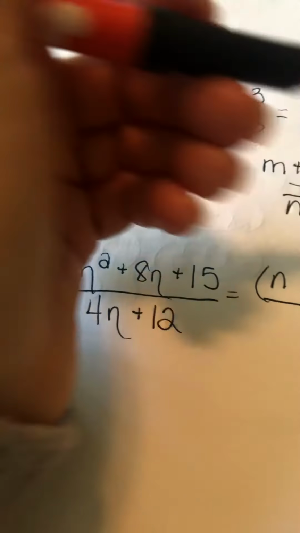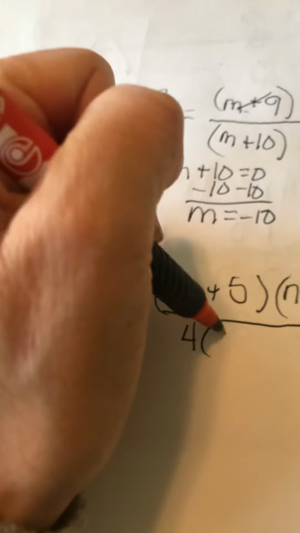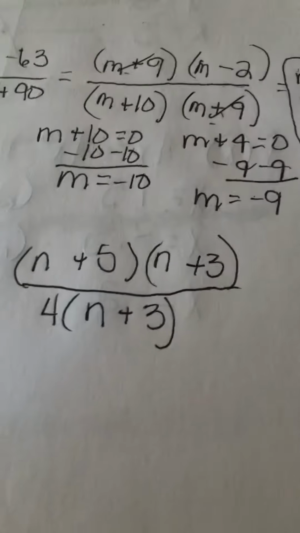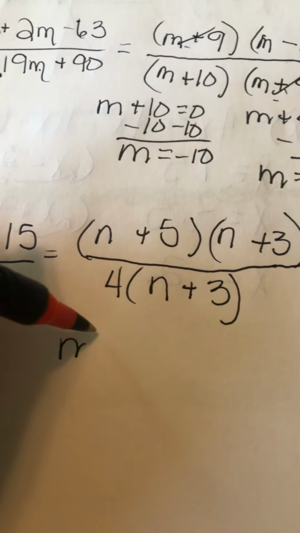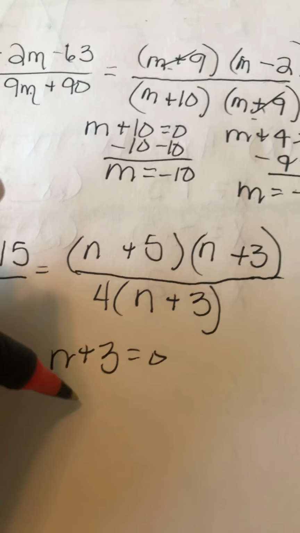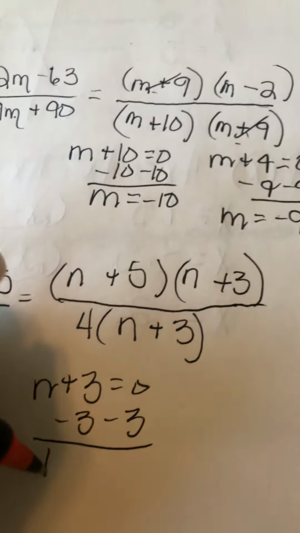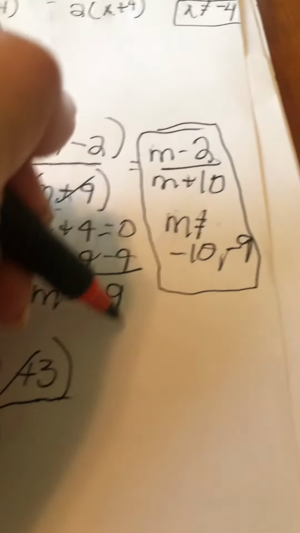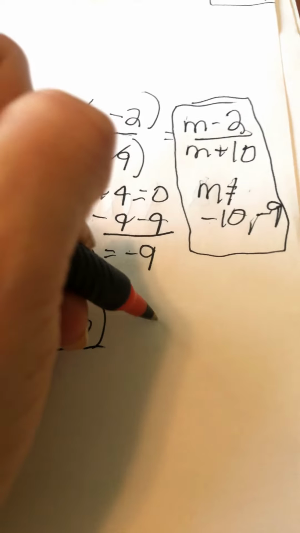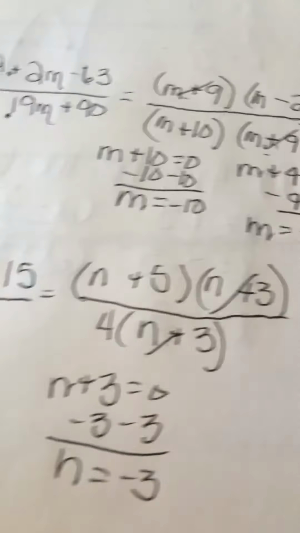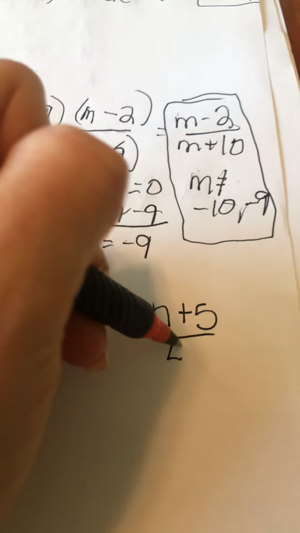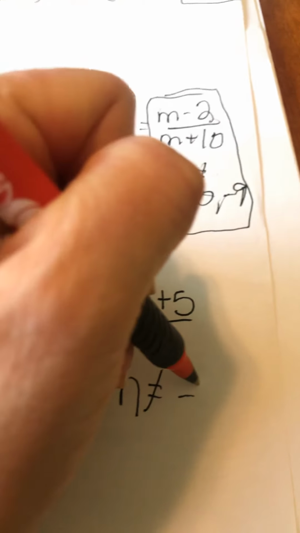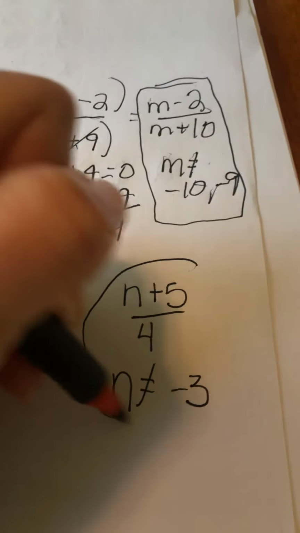Then for 4n + 12, we factor out the 4, and we have an n + 3. Now all we're going to do is take that n + 3, set it equal to 0, and n cannot equal negative 3. So when we simplify this, it's going to be (n + 5) over 4, and n cannot equal negative 3. That will be your solution right there.